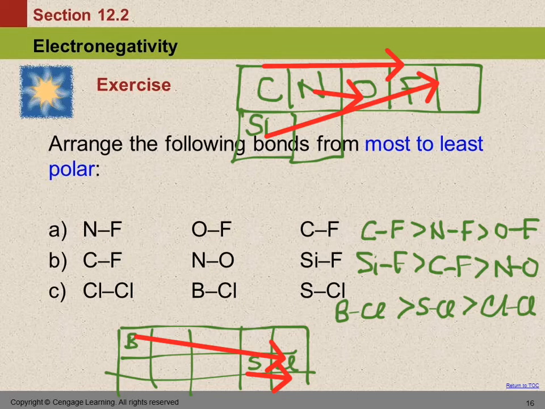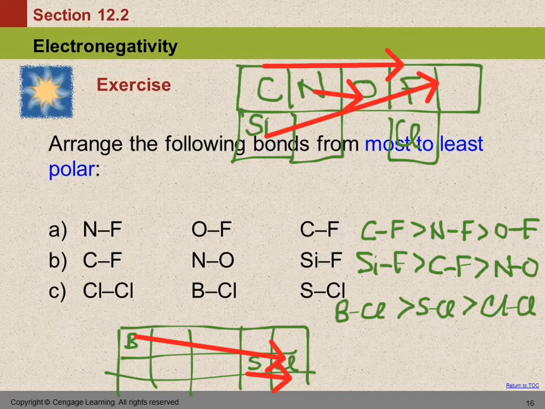Okay? Let's say chlorine versus oxygen versus chlorine and chlorine. That's a good question. Let's see what I can do here. Chlorine is right here. And the question is, how would you compare an oxygen fluorine with a fluorine chlorine? I wouldn't ask you to do that.